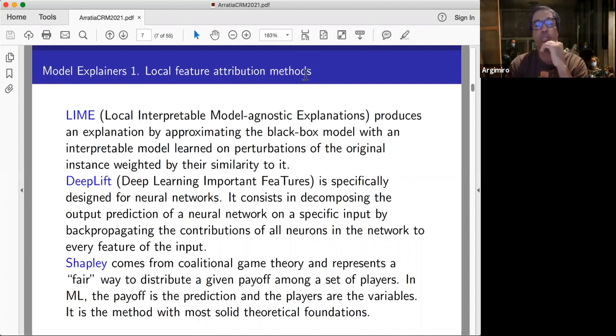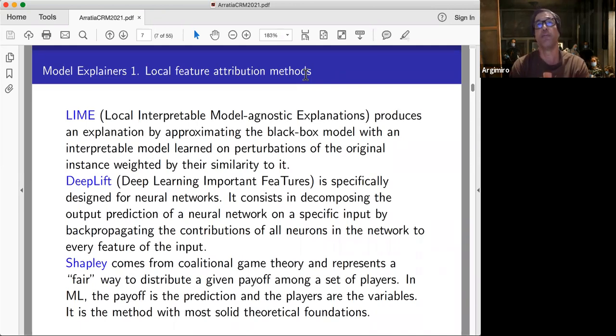And the one that has been used most or most established is Shapley values, which comes from coalitional game theory, and it's a way of distributing a given payoff among a set of players in a fair way.